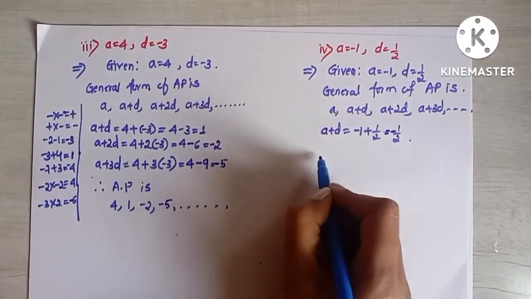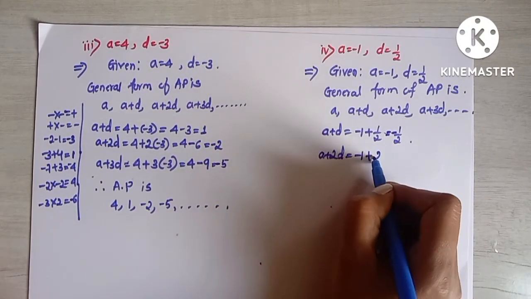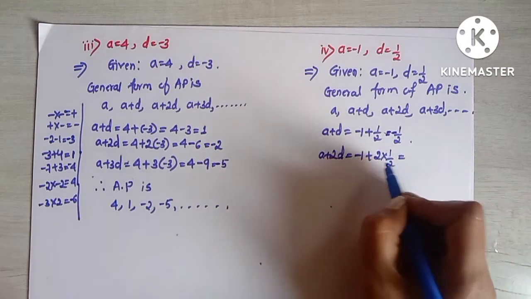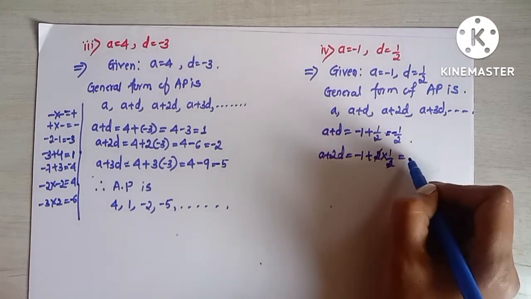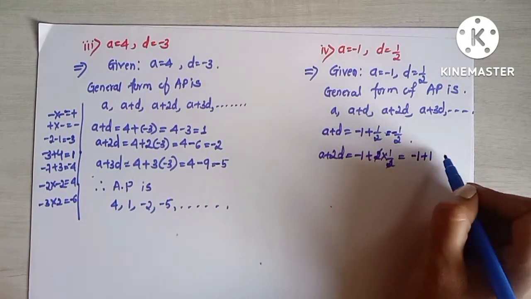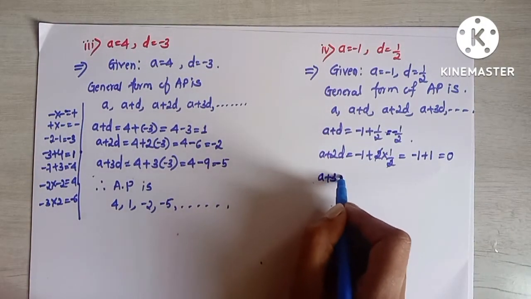So what is a plus 2d? So a is -1 plus 2 into, in place of d we substitute 1 by 2. The 2 gets cancelled. So this is -1 plus 1, which is 0. So what is a plus 3d?